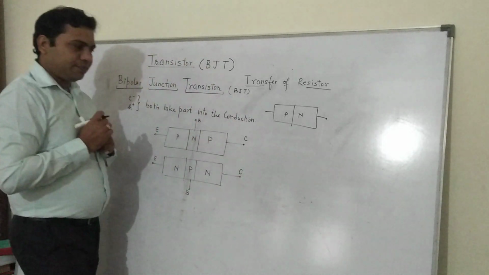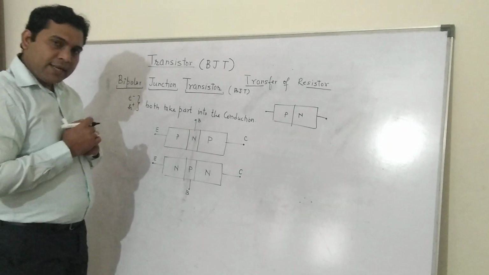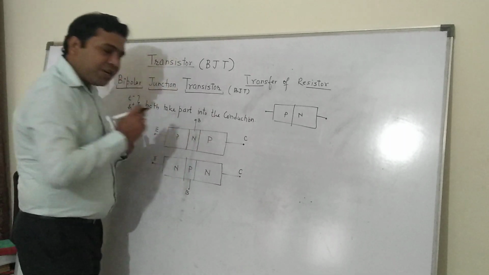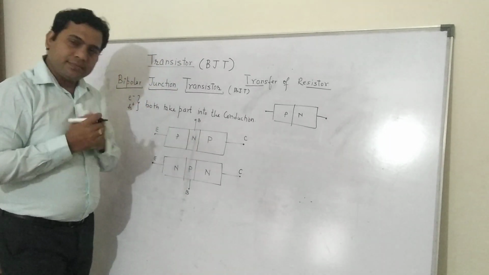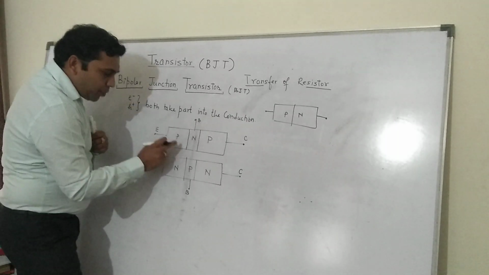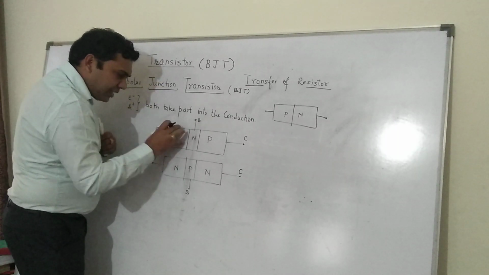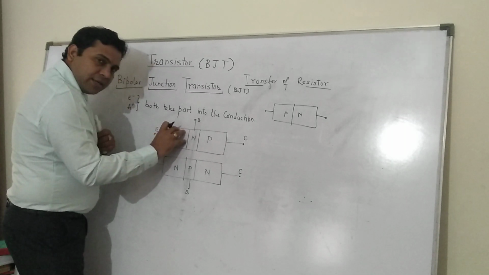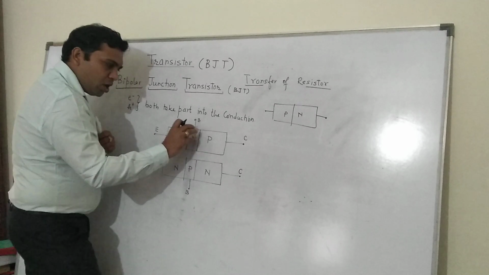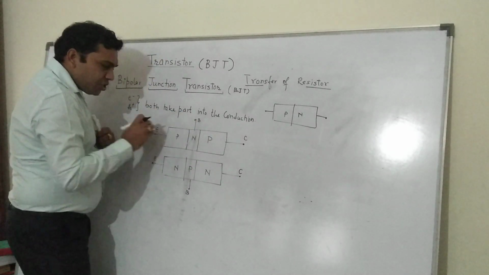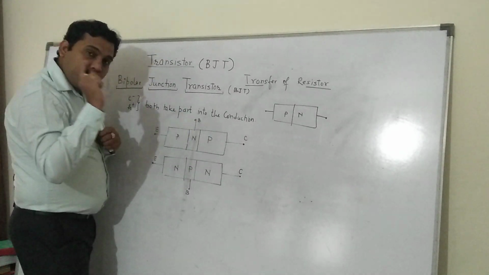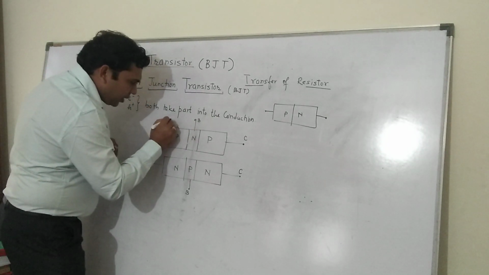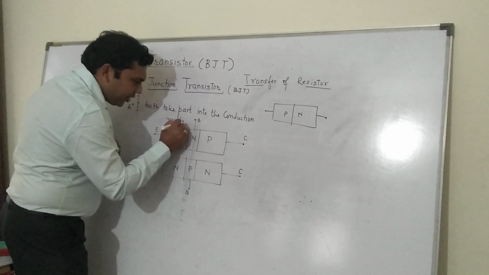Now let's discuss a little bit about the physical and electronic properties of these blocks. This block, you can call it an emitter block. This terminal is an emitter terminal. This is a base block. This is a collector block. The emitter is always heavily doped.